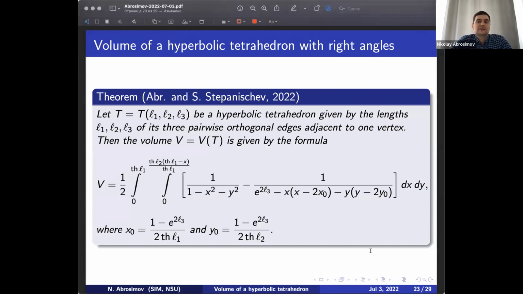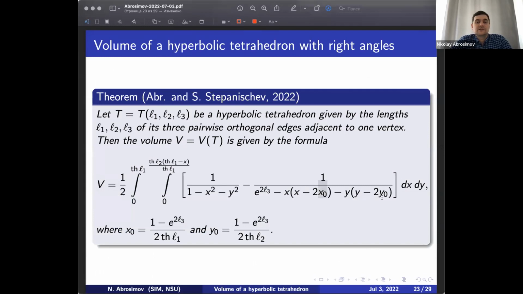So this is the main result. Let T be a hyperbolic tetrahedron given by the lengths L1, L2, L3 of its three pairwise orthogonal edges adjacent to one vertex. Then the volume V of T is given by this simple formula.